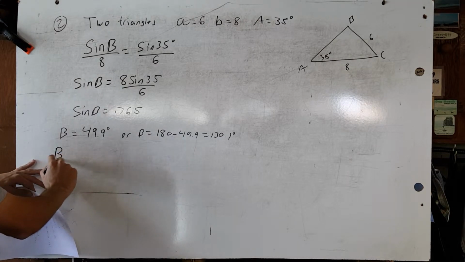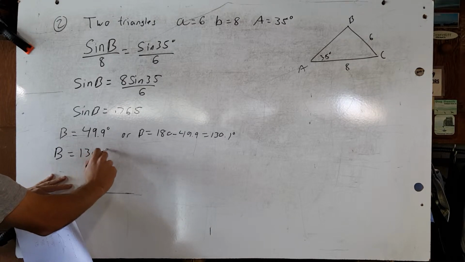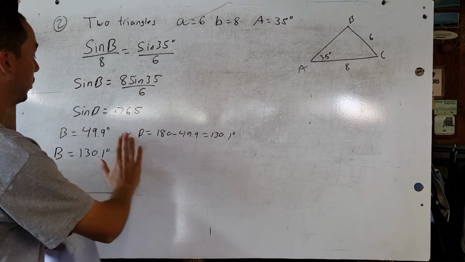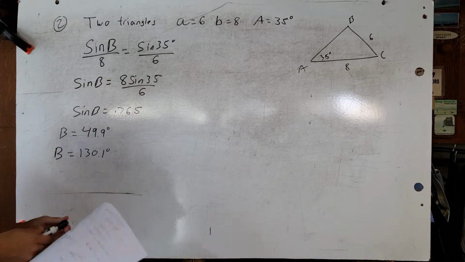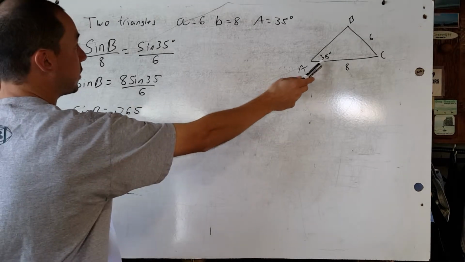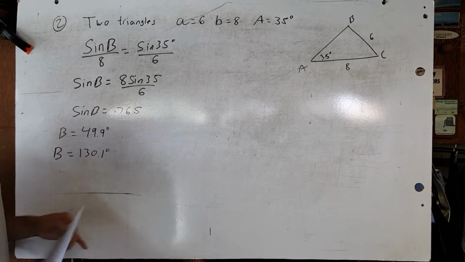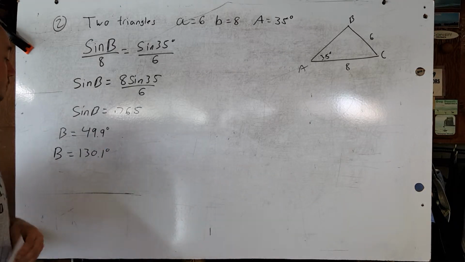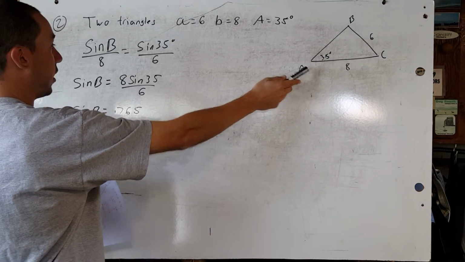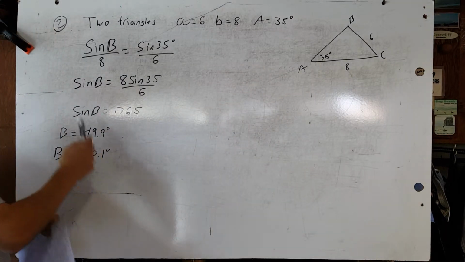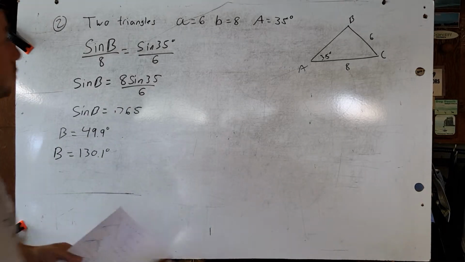So B can be 49.9 or 130.1 degrees. So we check, is that possible? Are those angles reasonable? 35, we know that's the angle we have. 35 plus 49.9, that's less than 180, so that's a reasonable triangle. 130.1 plus 35 is 165.1, less than 180. So those are both reasonable values for angle B. So we have two triangles we're going to have to solve.